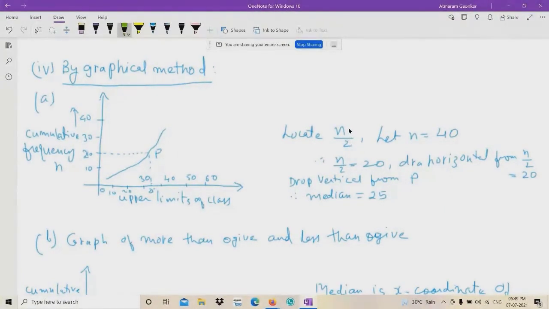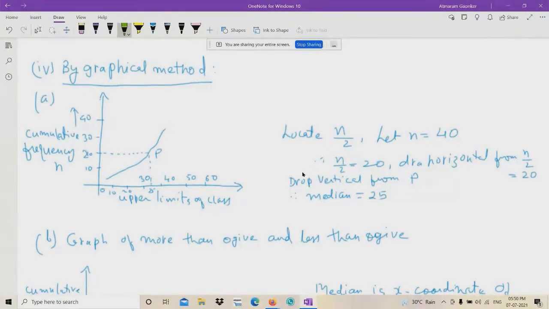Suppose n is 80, then n by 2 is 40. Find 40 on the cumulative frequency axis, draw a horizontal line to the graph, and drop a vertical. Let us say the vertical falls at 25. Then 25 is the median. It's so easy.